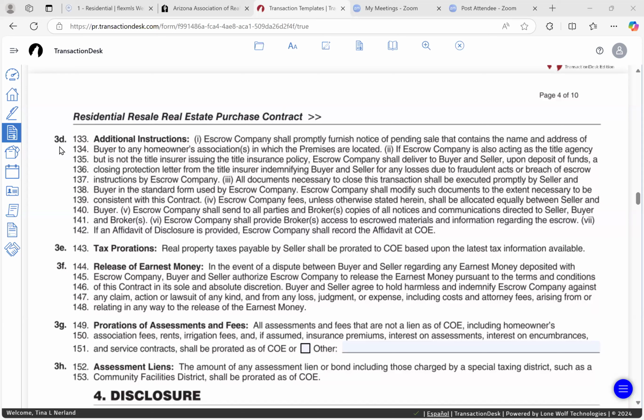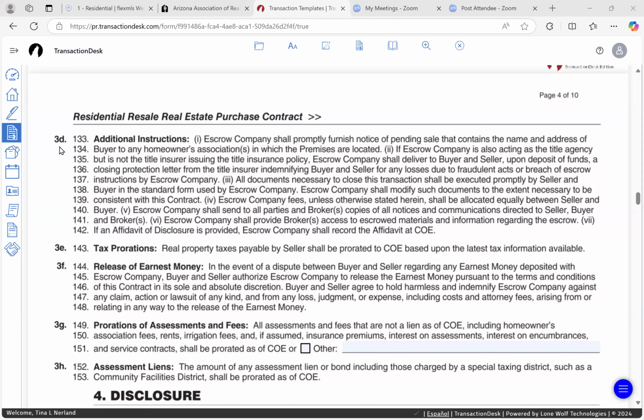All documents necessary to close this transaction shall be executed promptly by seller and buyer in the standard form used by escrow company. Escrow company shall modify such documents to the extent necessary to be consistent with this contract.